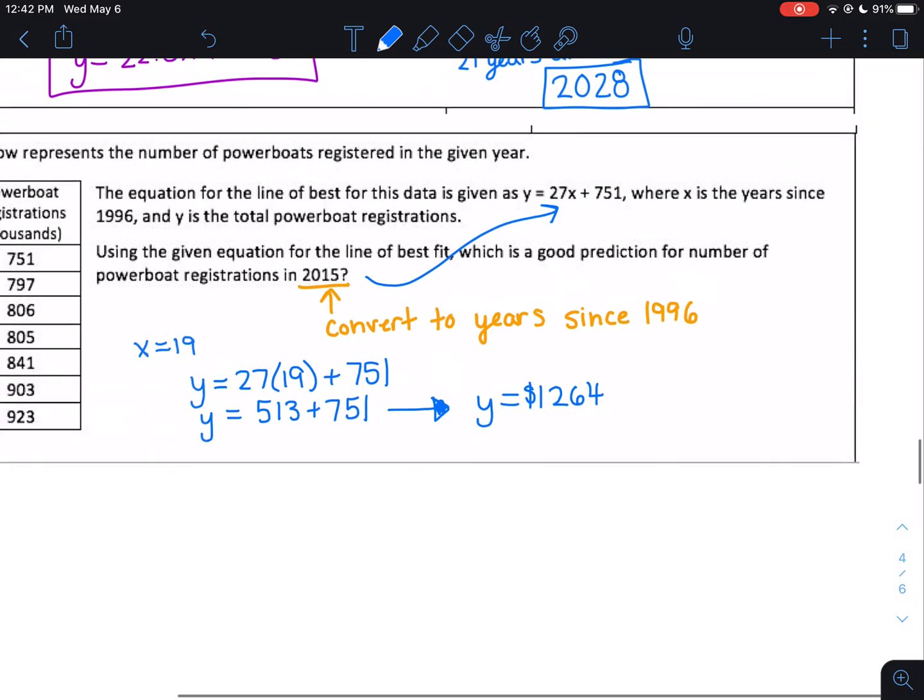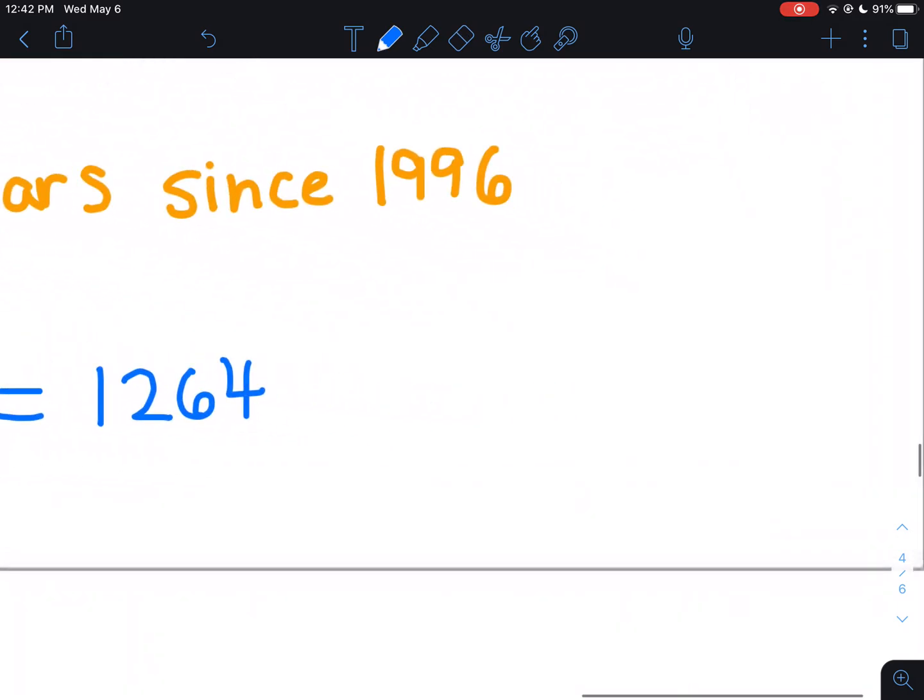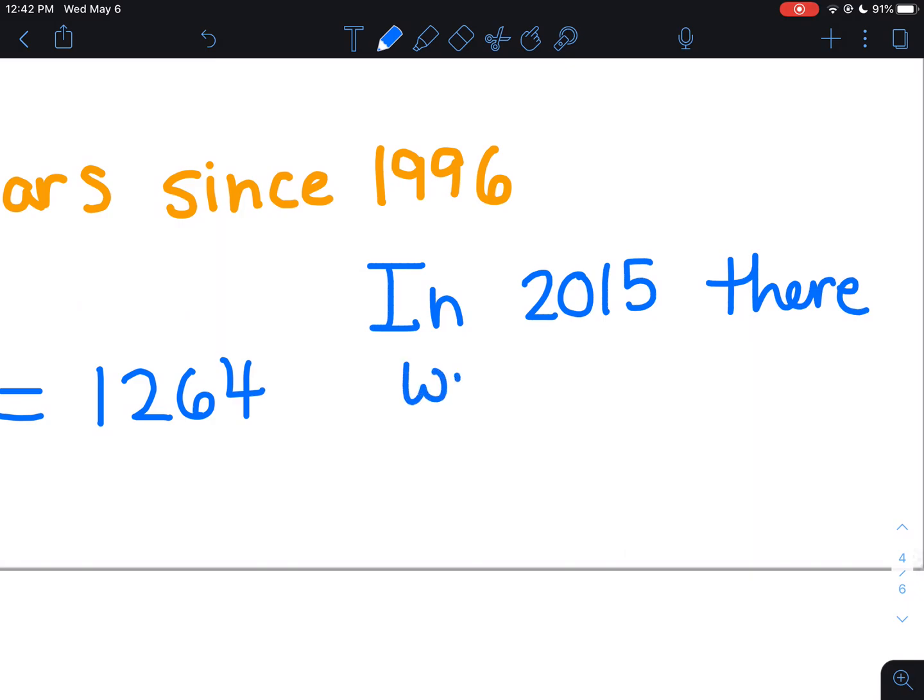Okay. So again, think back. What was it asking us? It was asking us, what is a good prediction for the number of powerboat registrations? That's supposed to be number of powerboat registrations. Okay, so in 2015, there will be 1,264 powerboat registrations.